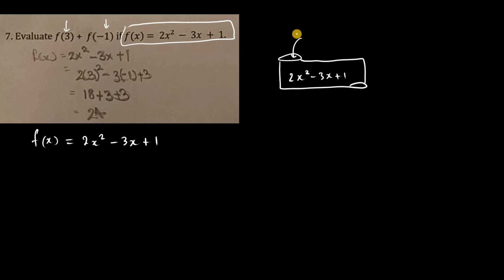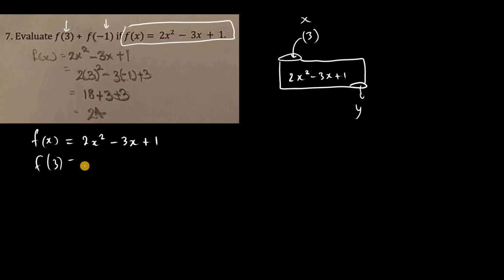We're entering 3. That's our first x value. So remember, what goes in is our x value. What comes out is our y value. Alright, so we enter 3. And what happens to it? Well, that x value gets squared, multiplied by 2, then added to negative 3 times that same x value plus 1, and then we get the output value. So we need to figure that out.